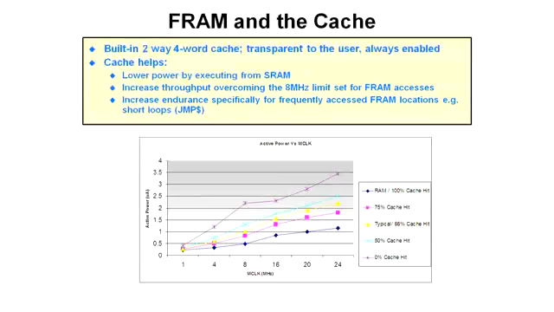TI's FRAM devices have a built-in two-way forward cache that's transparent to the user and always enabled. The cache helps by lowering power by executing from SRAM. If you take a look at the diagram at the bottom, you can see for a 0% cache hit, which is the purplish line on the top, that would be if we didn't have a cache at all.